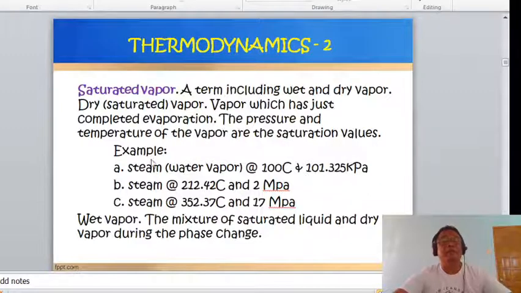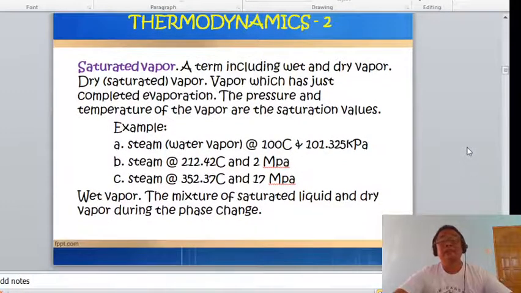Example: steam or water vapor at 100 and 101.325, or steam at 212.42 and 2 megapascals, and so on and so forth. Another is wet vapor, the mixture of saturated liquid and dry vapor during the phase change. I think it is clear.